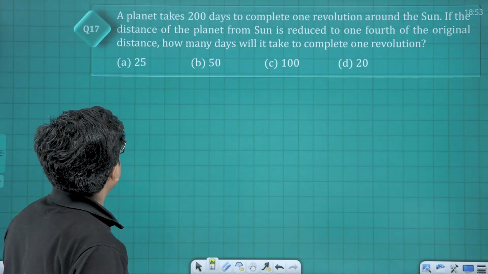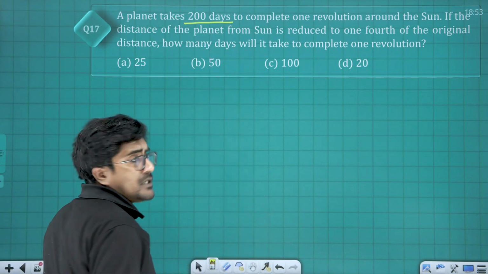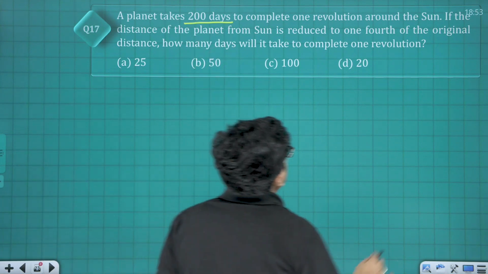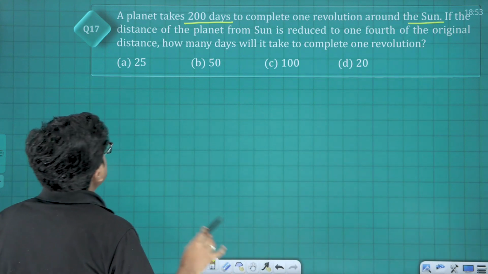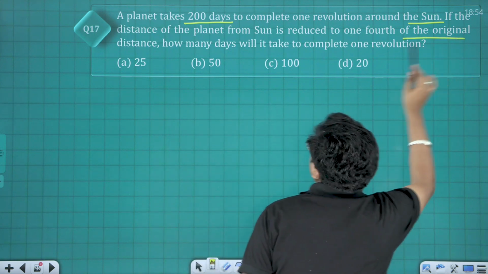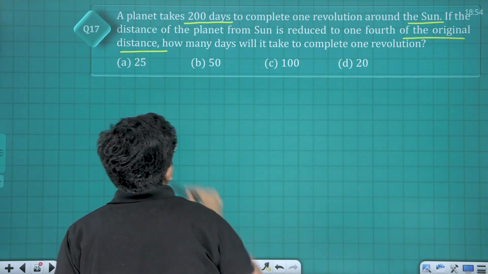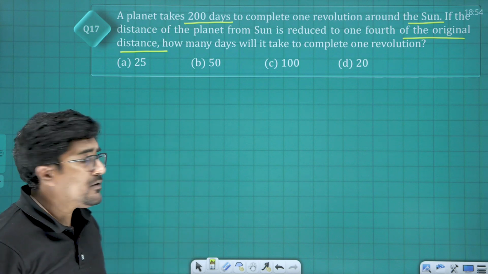Question number 17 says, a planet takes 200 days to complete 1 revolution round the sun. If the distance of the planet from the sun is reduced to 1/4 of its original distance, how many days will it take to complete 1 revolution?